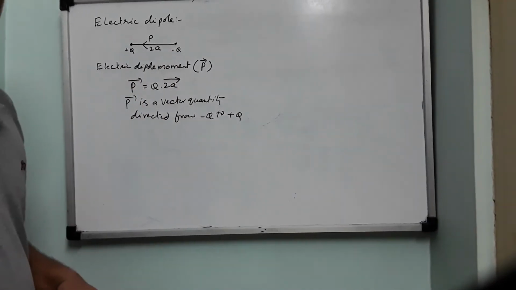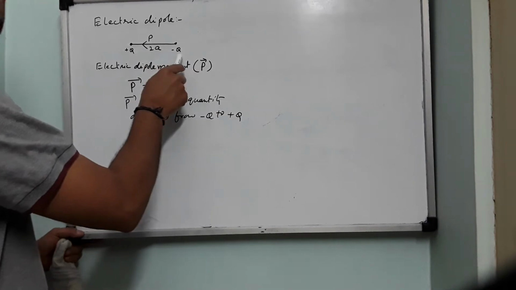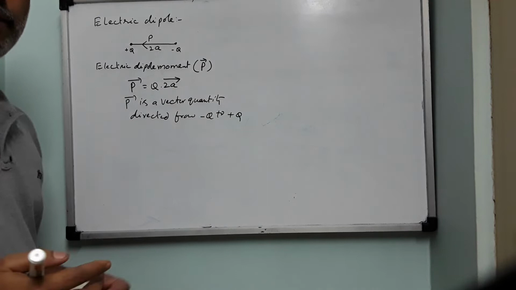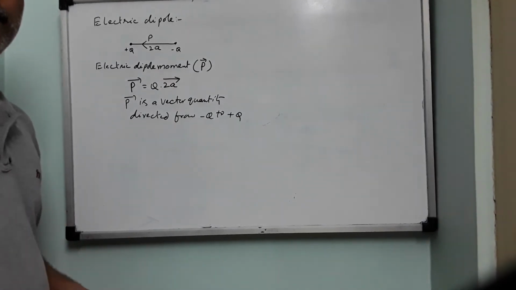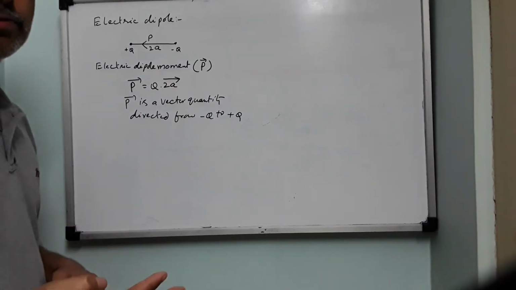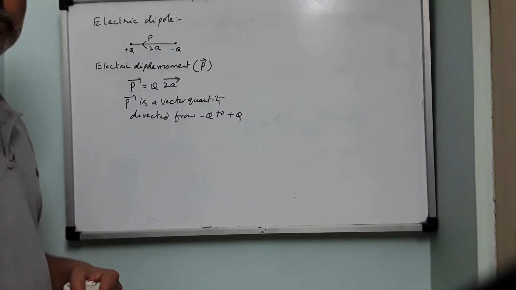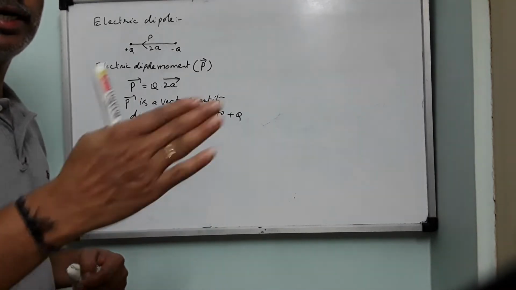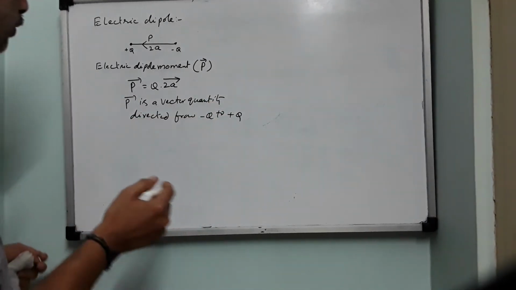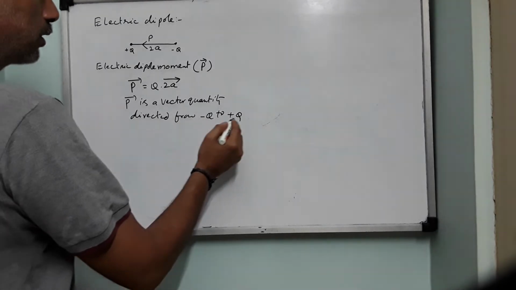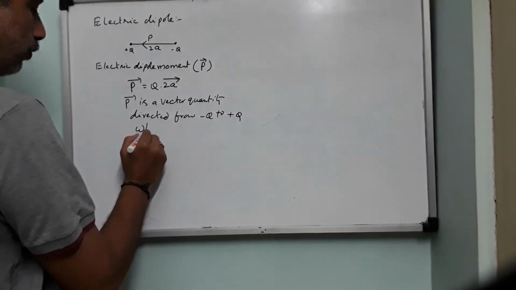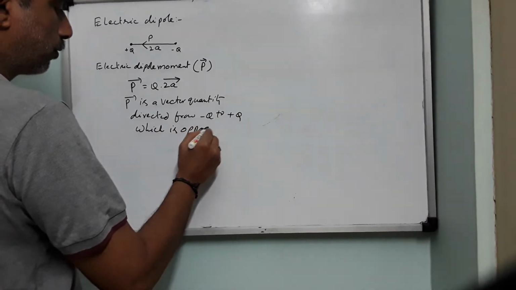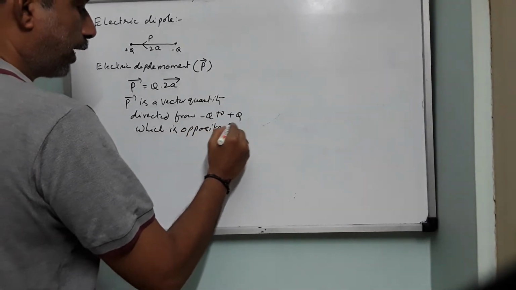Whereas electric field will always be from plus q to minus q, because electric field is represented by electric field lines. Electric field lines always start from positive charge and end at negative charge. So electric field line is directed from plus q to minus q. Therefore electric field is also directed from plus q to minus q. So P is a vector quantity directed from minus q to plus q, which is opposite to electric field direction.